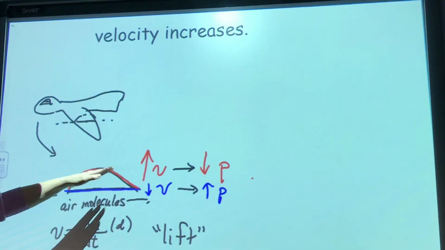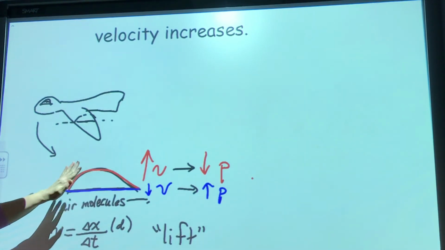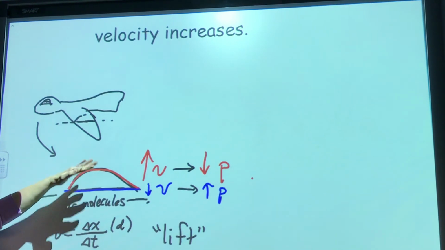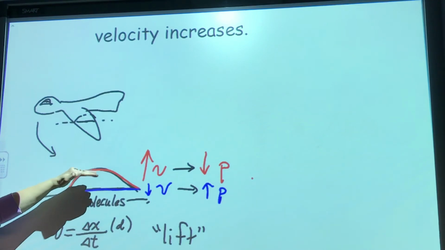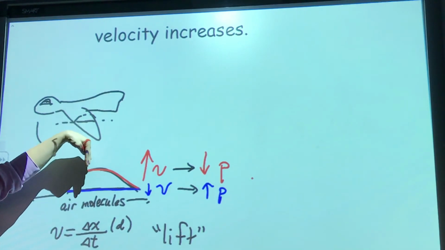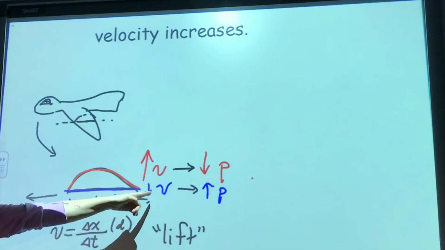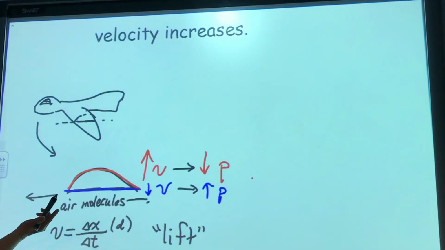Okay? We have lower pressure here, which, and it's intuitive if you think about it, there are fewer air molecules on the top of this wing because those air molecules are moving faster over there. Okay, so there is less pushing down on the top of the wing. What does the top of the wing want to do? If there is less pressure pushing down on it, well, it wants to go up. And with our bottom part here, it has a lower velocity, which means it has to have higher pressure, but which way is that pressure going?